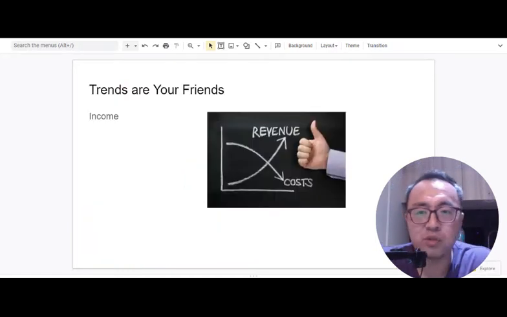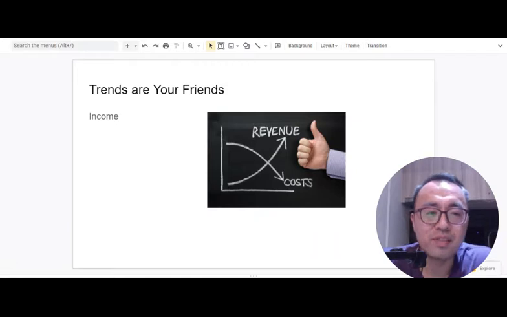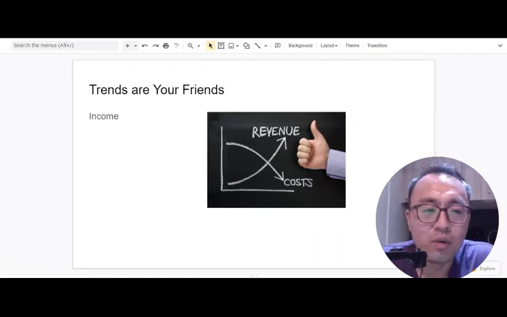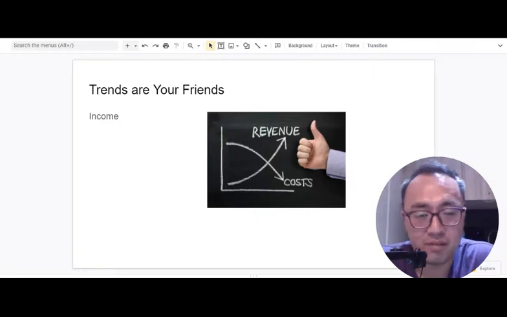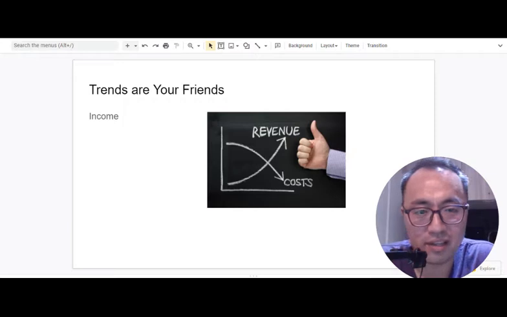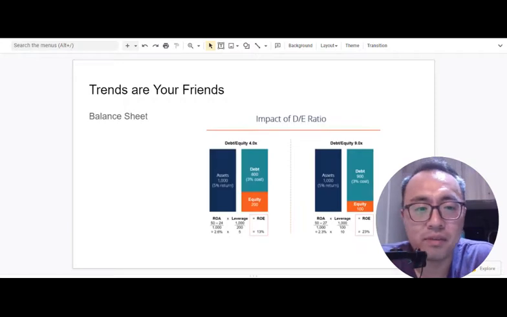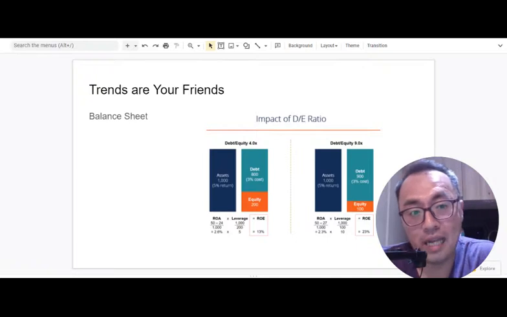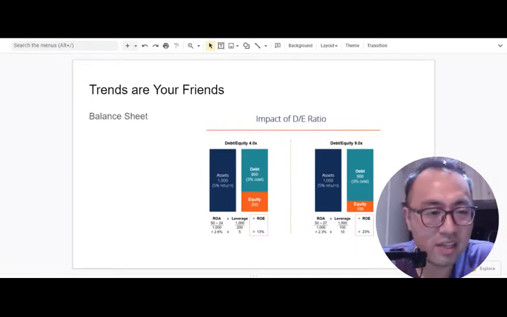Okay, so going back to the idea that trends are your friends. This is kind of obvious. What do you want the income statement to look like? Obviously, revenue goes up and costs go down. Not rocket science. How about the balance sheet? Well, it should show that you have more assets than you have liabilities. Not rocket science.